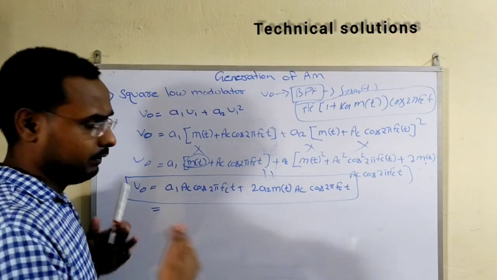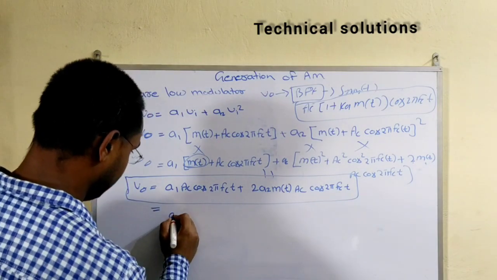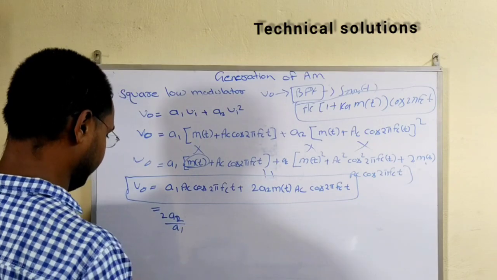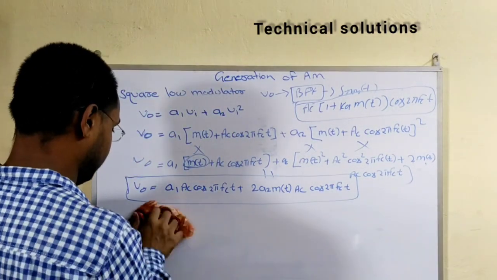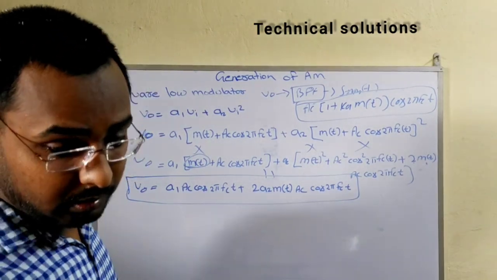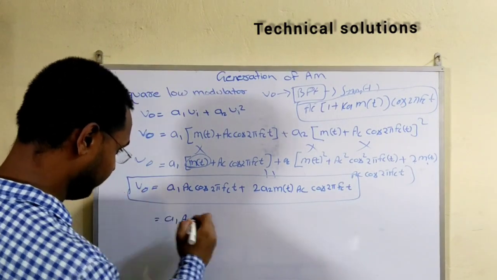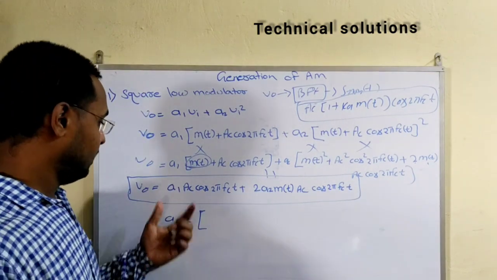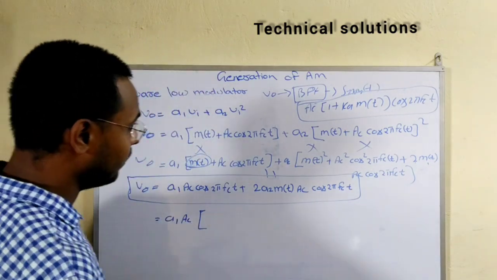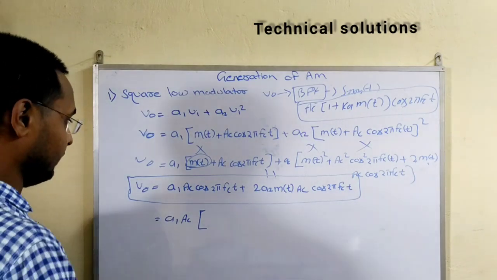So if we further simplify this one, 2A2 by A1, sorry, let me check A1 AC. Fine. If we take A1 AC common in both terms, one thing is missing, A to M. Okay, fine.